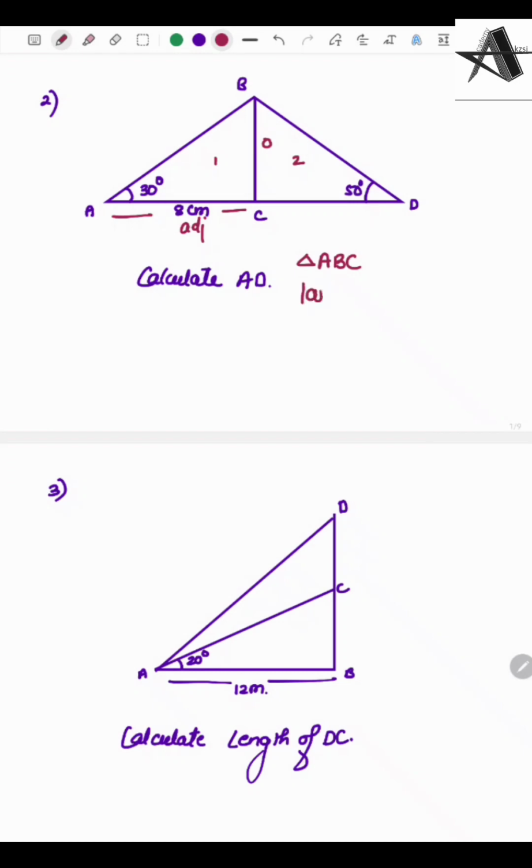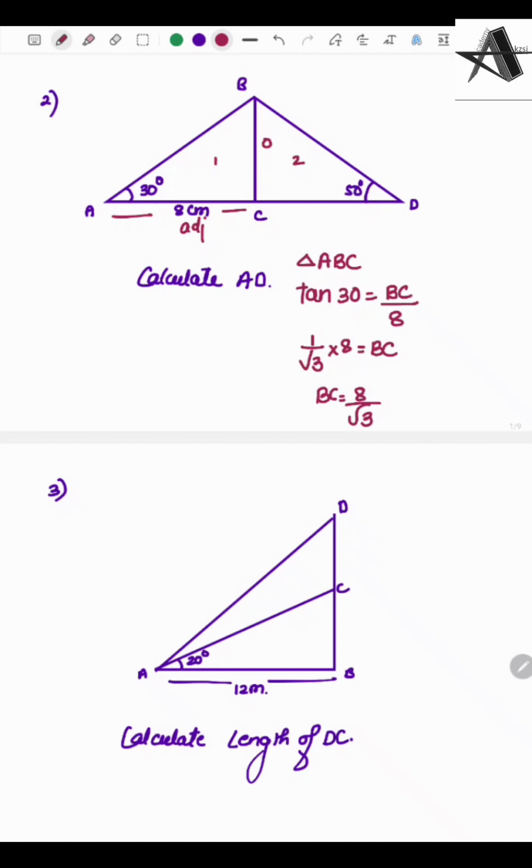So in triangle ABC, I need to apply tan 30 degrees, which is opposite over adjacent. Opposite is BC, over adjacent is 8. On cross multiplying, tan 30 is 1 over root 3. 1 over root 3 multiplied by 8 is equal to BC. So finally BC is equal to 8 over root 3.